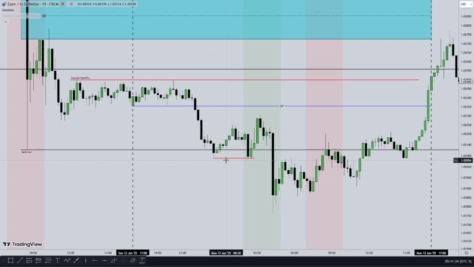Price traded through, ran out the equal low liquidity. Now, price created the low of the day during the London session. London session, price traded higher, retracement, created a high. Now, price has shifted structure from this downtrend to an uptrend.